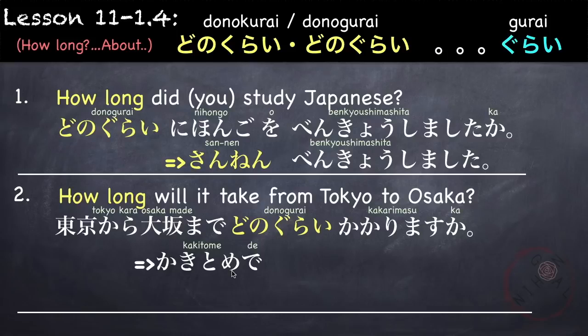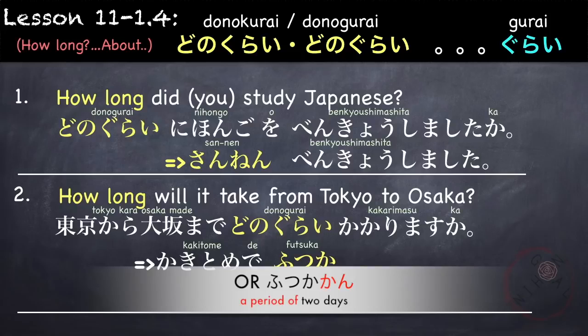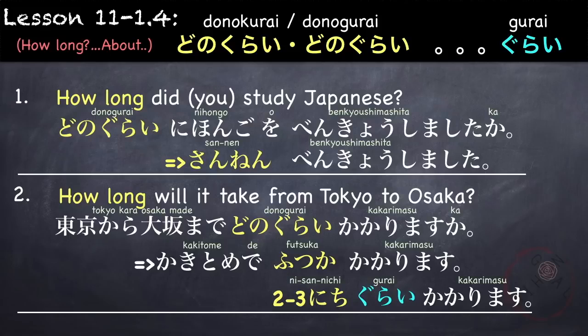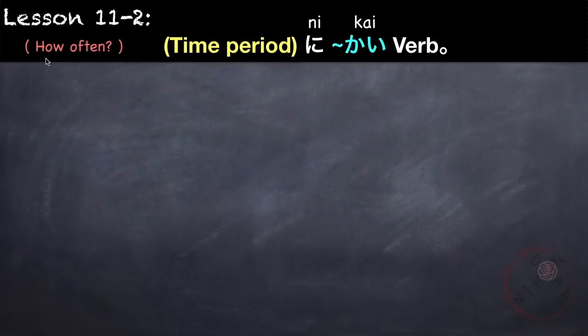By 書き留めで2日 or 2日間かかります。Or if you want to say about 2 to 3 days, you can say 2、3日. So this is a special term for saying 2 to 3 days or a few days. 2、3日ぐらいかかります。It will take about 2 to 3 days.